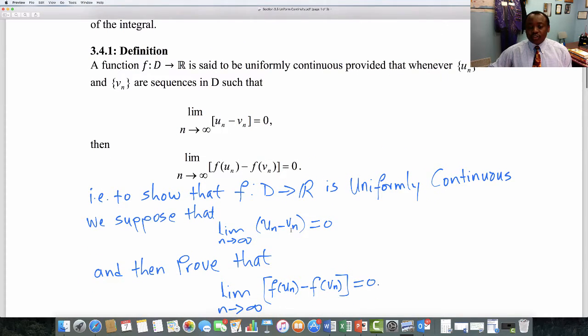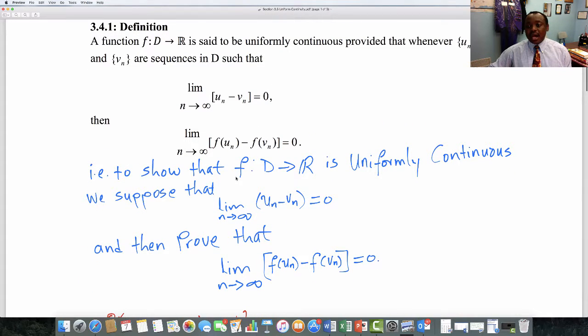That is, to show that the function f from D to R is uniformly continuous, we would suppose that the limit as n approaches infinity of un minus vn equals 0, and then go ahead to prove that the limit as n approaches infinity of the difference of their images would be 0: the limit as n approaches infinity of f of un minus f of vn equals 0.